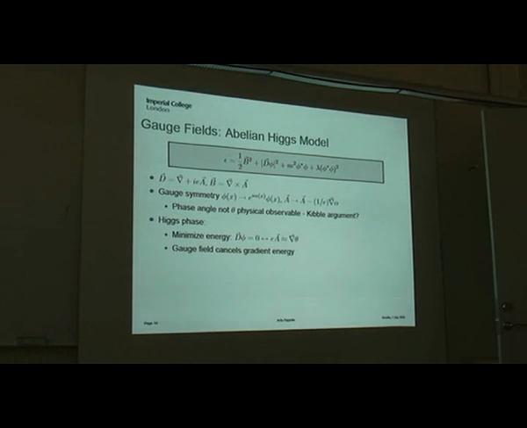Now the symmetry is not just rotations of the phase, but you can rotate it by a different amount at different points if you compensate by changing the gauge field. What that means is that, strictly speaking, you can't break the symmetry. You can always rotate the phase to whatever you want. But there still is a phase transition. It's just that, rigorously speaking, it's no longer a symmetry breaking phase transition.